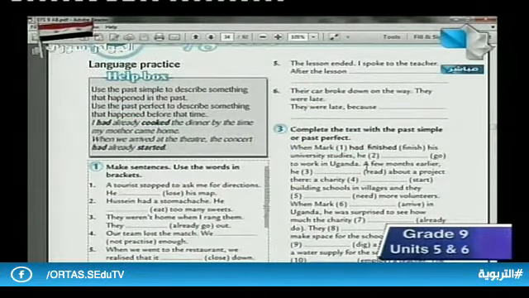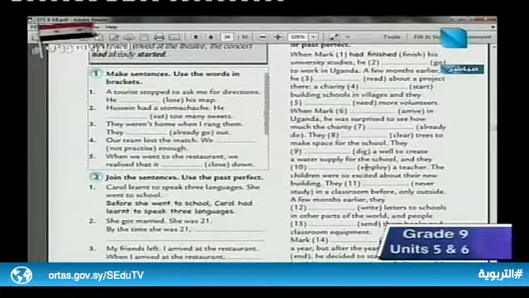Now, yes. Exercise number 3. In exercise number 3, we have a nice story about someone called Mark. And Mark, as it is mentioned here, had finished his university studies, and then he wanted to work somewhere. So let's try to complete this text with the past simple or the past perfect.